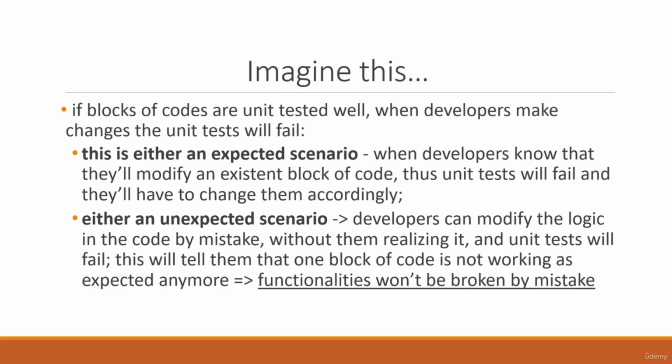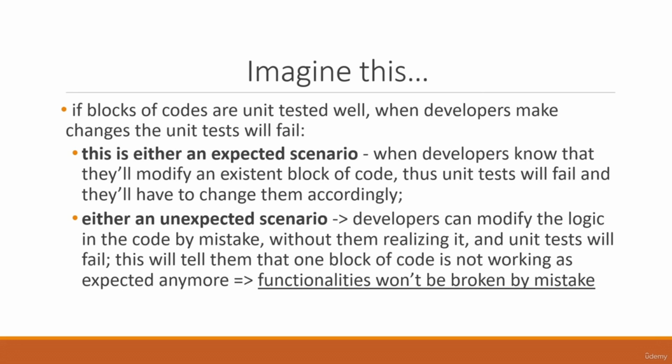There are times in which a developer will change a functionality and he'll know that the unit tests will clearly fail because the functionality is going to be changed. So he's going to change that functionality, right? The unit test will fail and he'll have to change the unit tests accordingly to the new functionality.